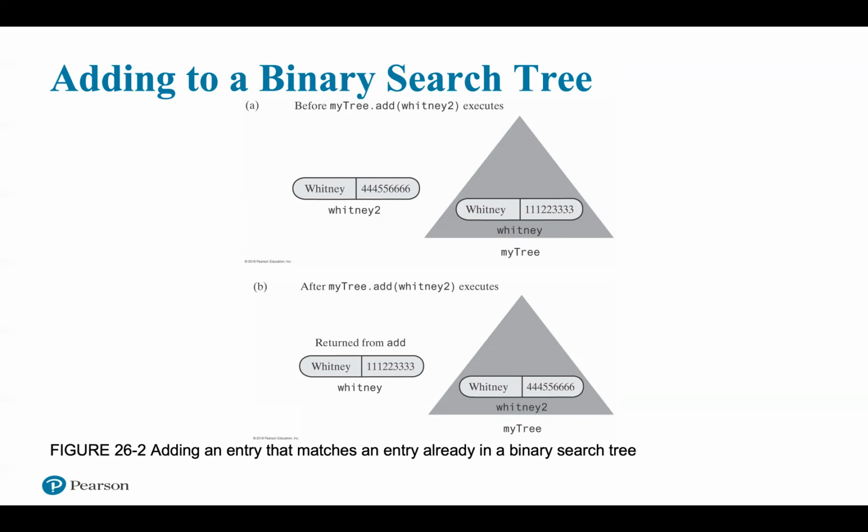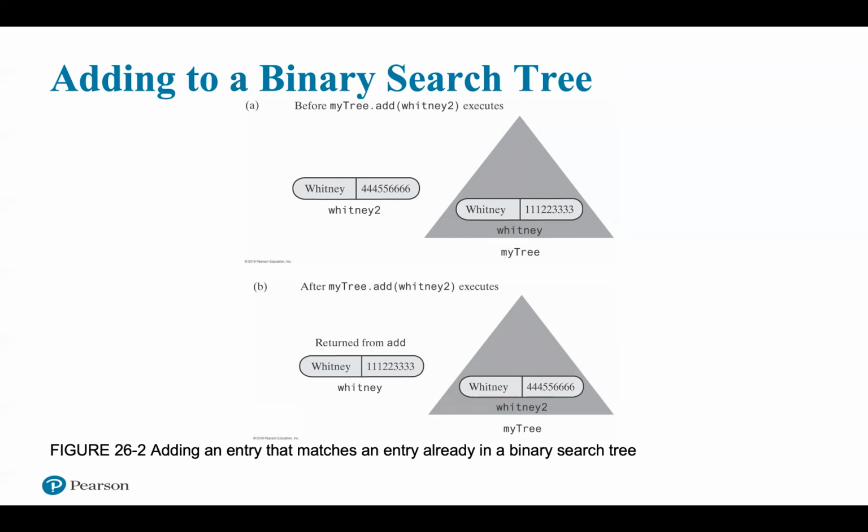SearchTreeInterface<Person> myTree = new BinarySearchTree<>(); Person whitney = new Person("Whitney", "111223333"); Person returnValue = myTree.add(whitney). Following the add operation, returnValue is null since Whitney was not in the tree already.